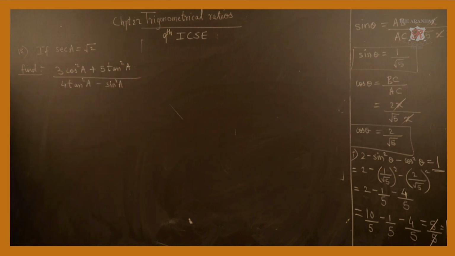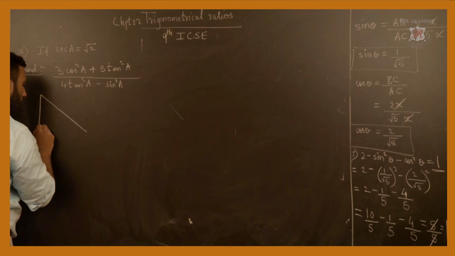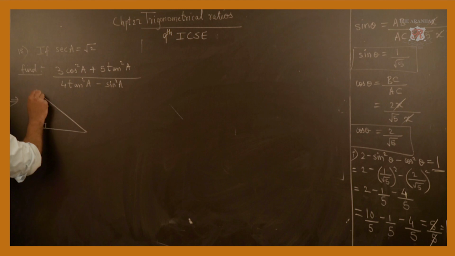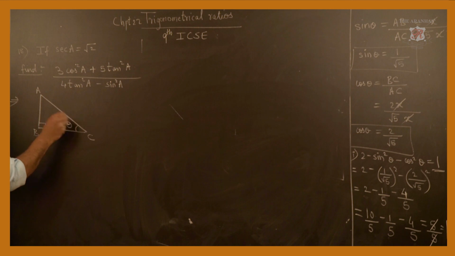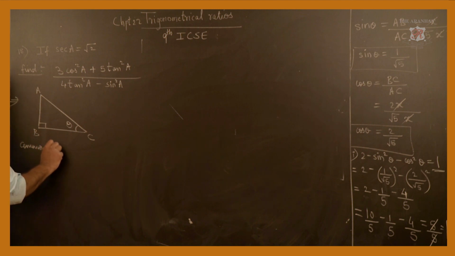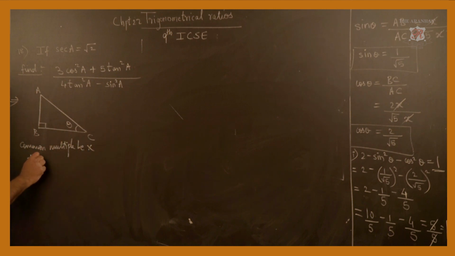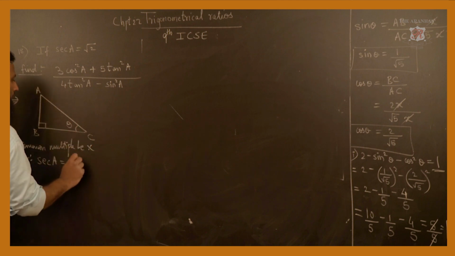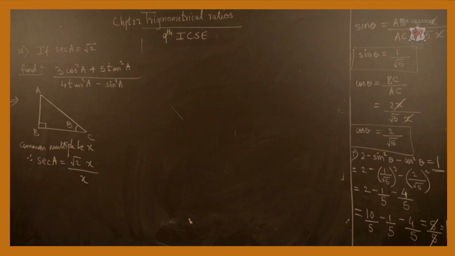Again, only secant of A is given. As I told you, every time our first step should be constructing one right angle triangle ABC, taking an angle theta over here, and the common multiple be x. So, therefore, sec of A can be written as root 2 into x upon x.